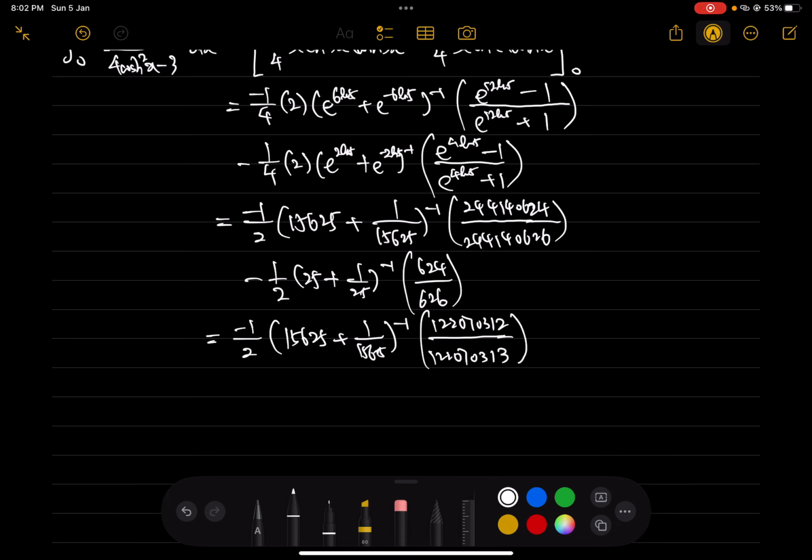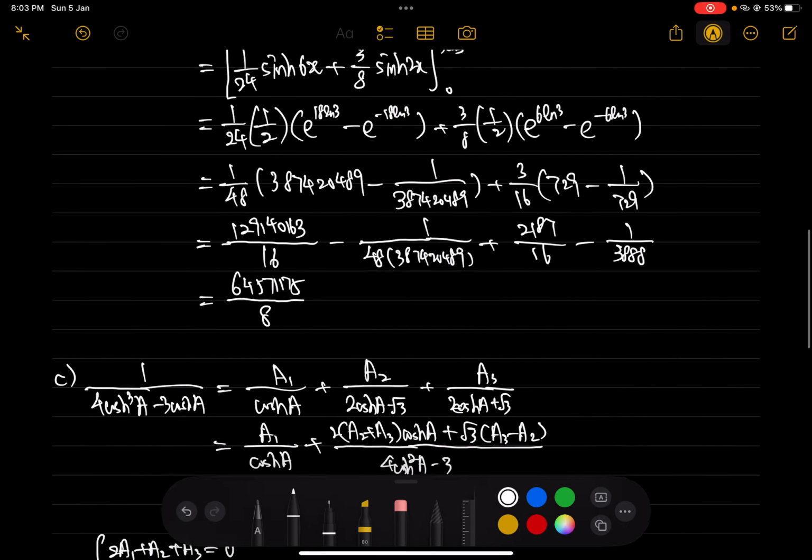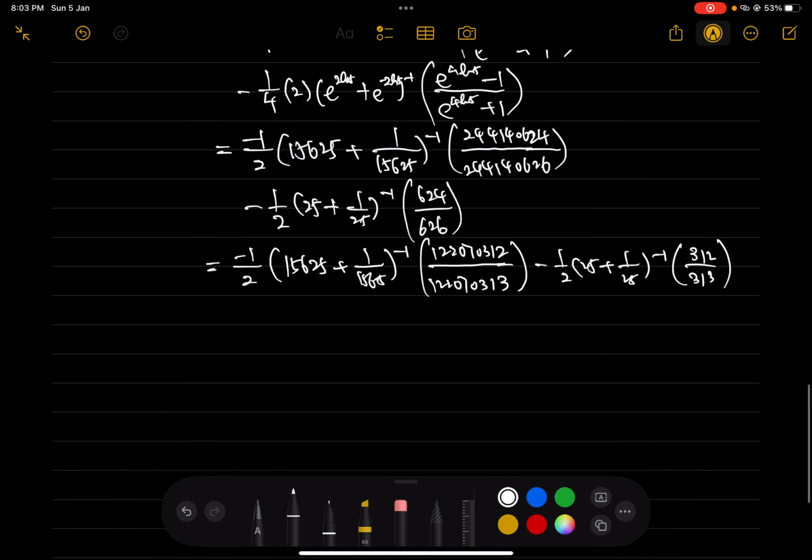And this is the simplest form. Minus 1 over 2, 624 over 626. That gives this fraction. And I do not want to calculate any of that because my goodness, what is this? I can't do that either.